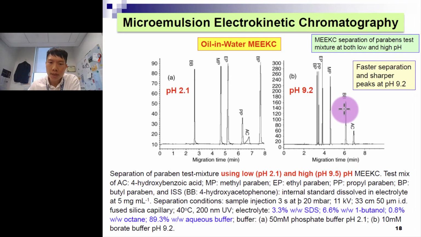Besides that, you see in the first peak there's a faster separation at the high pH. You finish all your elution in under 7 minutes, but here it is more than 7 minutes. Also, the peaks here are much sharper. Here you see a bit more width in the peaks. This is not so pretty here.